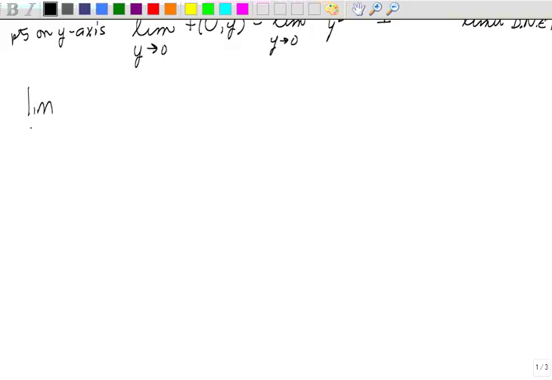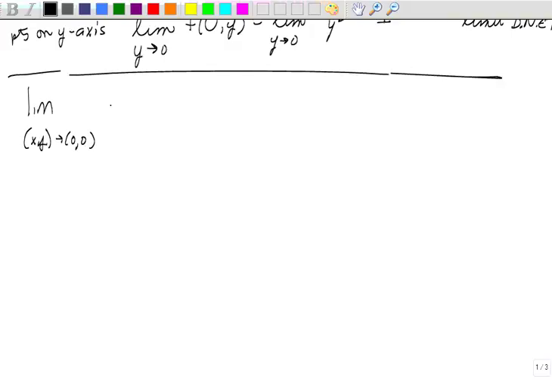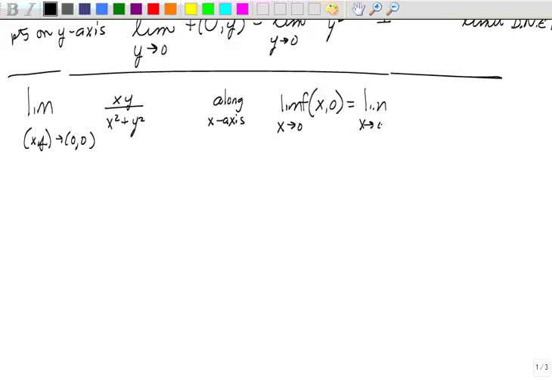Look at another one. Let's go along the x-axis. So we let y be 0, and that's 0.